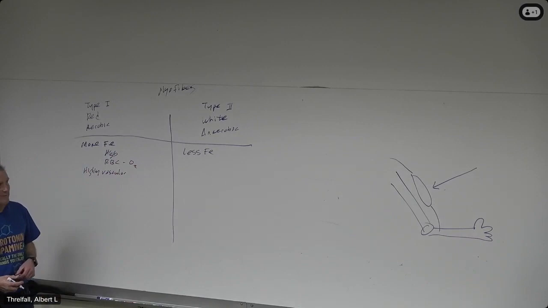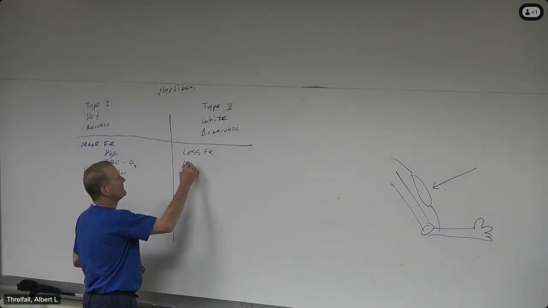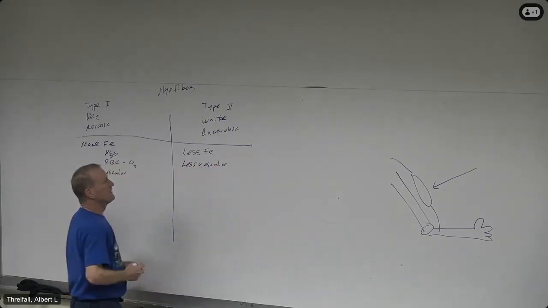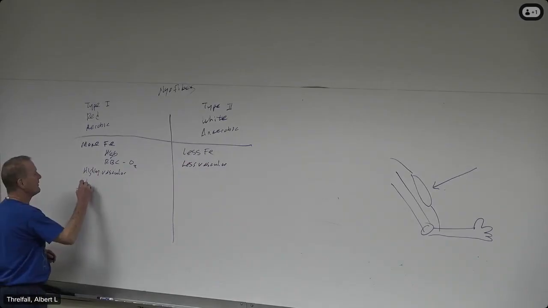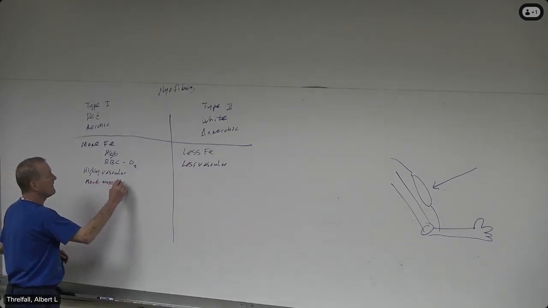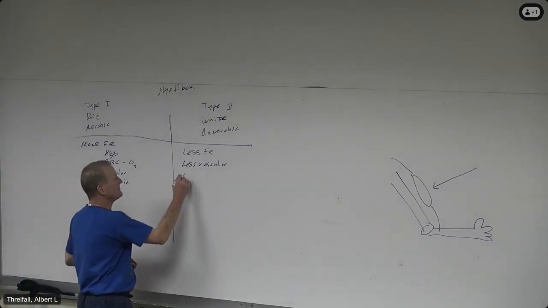Transport oxygen. The white fibers are less vascular. Again, everything about the red goes with oxygen utilization. The red fibers have more myoglobin. Myoglobin is that protein that stores oxygen in muscle tissue.